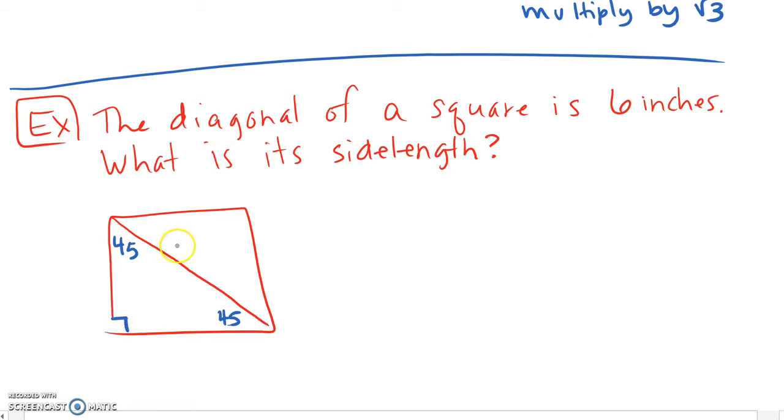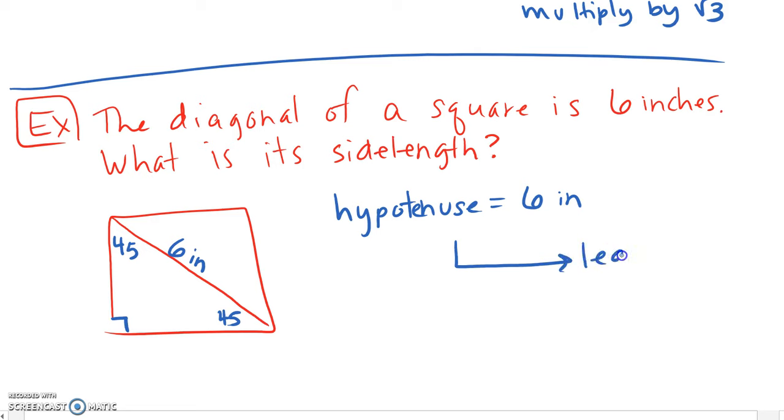They told us that the diagonal was 6 inches. So what we know is that the hypotenuse equals 6 inches. And I need to go to the leg, and to go from hypotenuse to the leg, you divide by root 2.